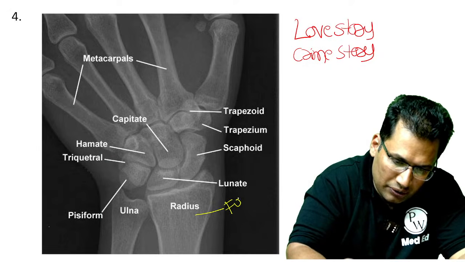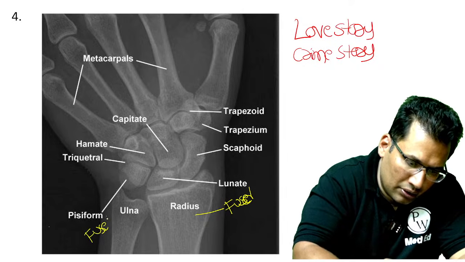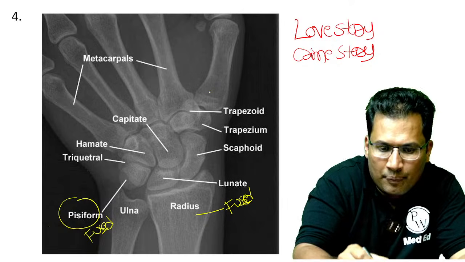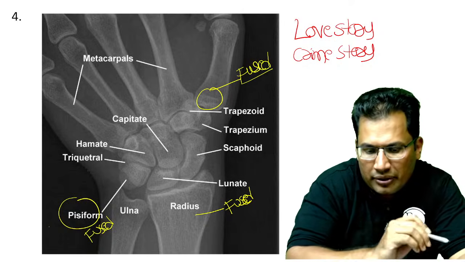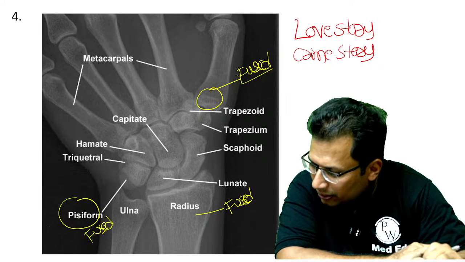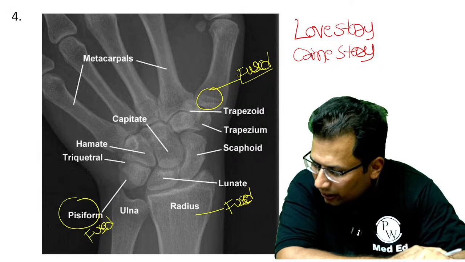Radius is fused. Ulna fused. Pisiform appeared. First metacarpal fused. Fused. ये क्या है बताओ? So Rajesh is telling, sir, it is okay. Love story.